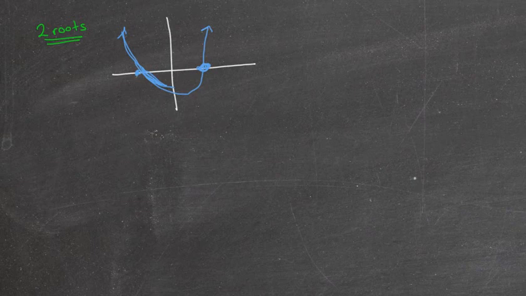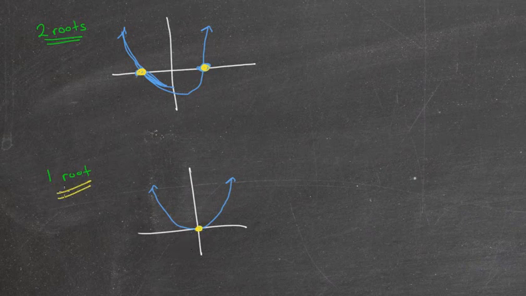If you have simply one root, what do you think might happen then? Hopefully you might recognize that my parabola will actually just sit on top of that x-axis. As opposed to the first one where it cut the x-axis in two places because it had two roots, in this case it only touches the x-axis in one place. Therefore it has one root.